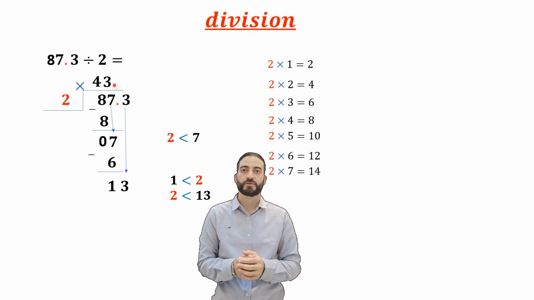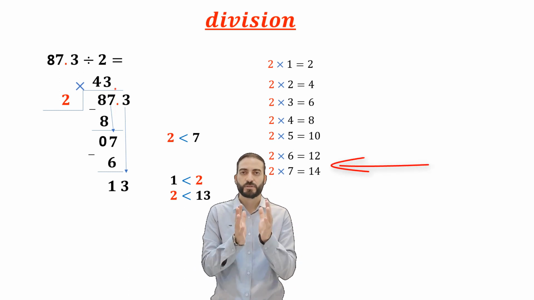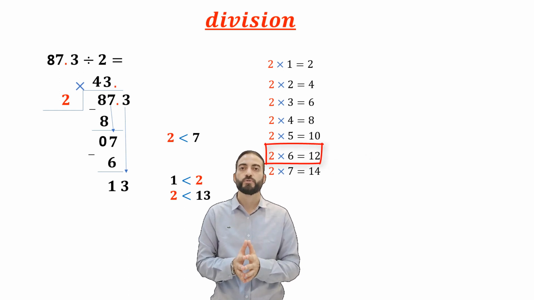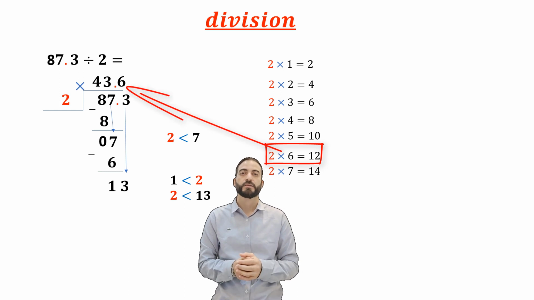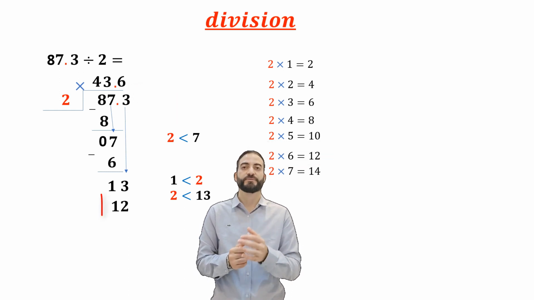We look for the number 13 in the multiplication table and we find it here between 12 and 14. So we take the smaller one. So we take 2 times 6 equals 12 and we put 6 here. Immediately we multiply it by 2 and put the answer here.